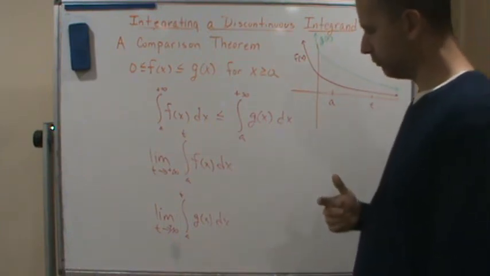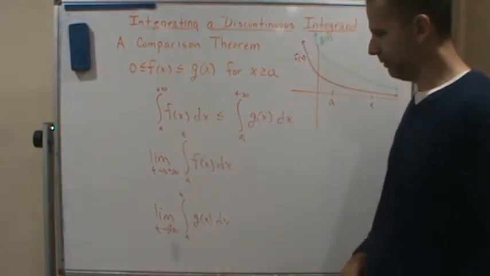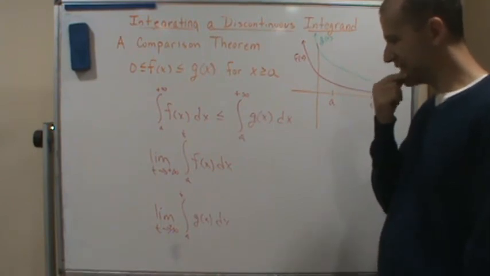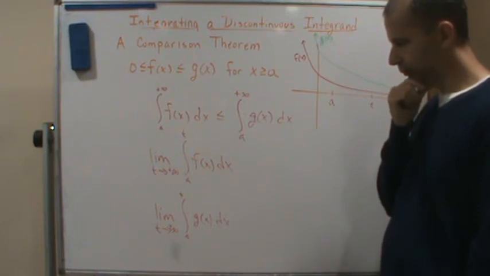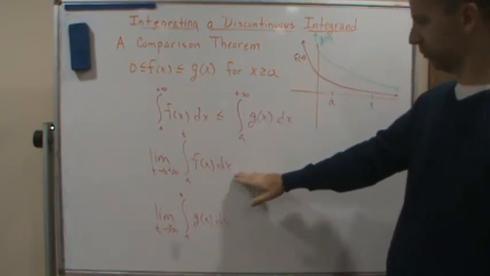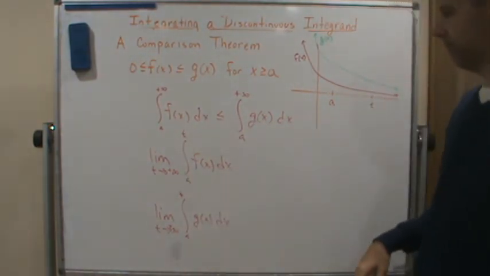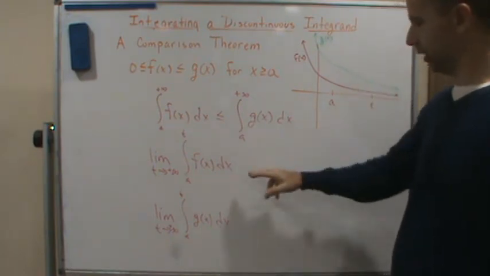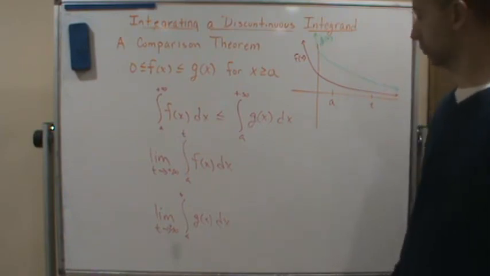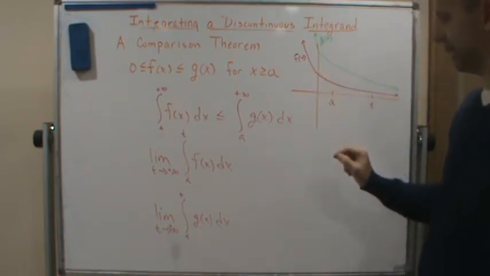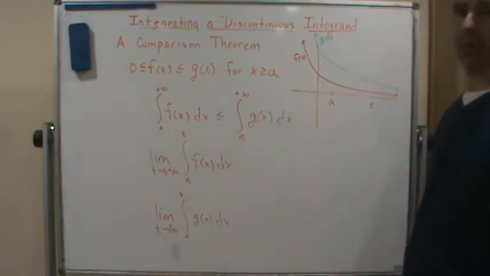So now, we can write both of these integrals as limits. Now what if the limit of the integral of f of x as t approaches positive infinity goes off to infinity? In other words, it diverges. What does that mean? It means that the area under this curve goes to infinity.